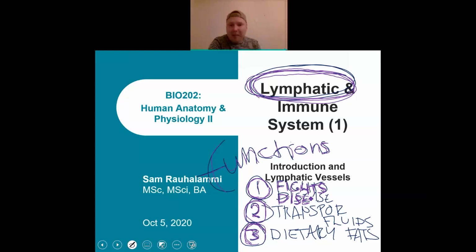So the lymphatic system serves almost as a site, or as a structure, within which the immune system functions. It offers the physical structures where the immune system does its job. And both of these are focused on fighting diseases. So anything that enters your body and shouldn't be there, we call those things pathogens.